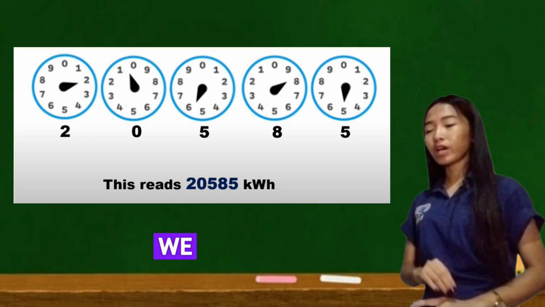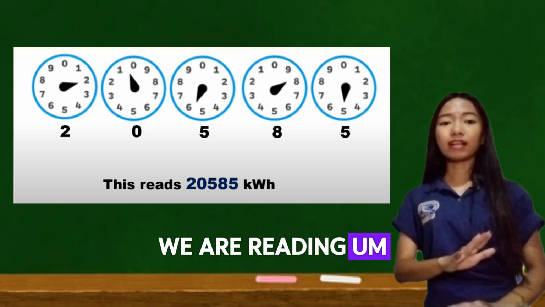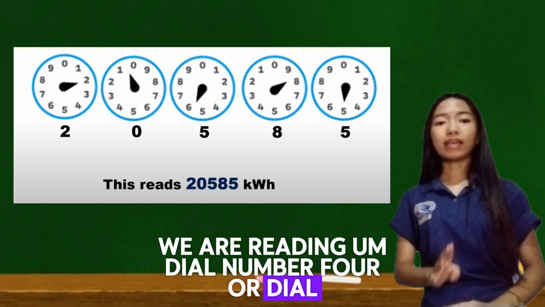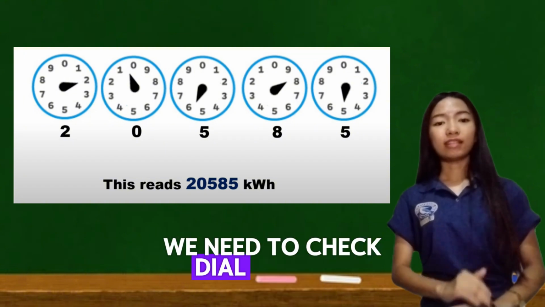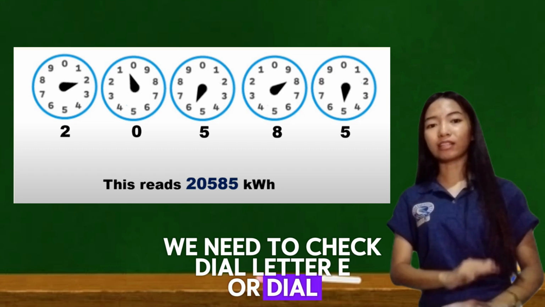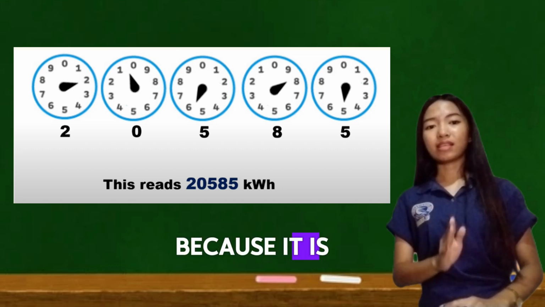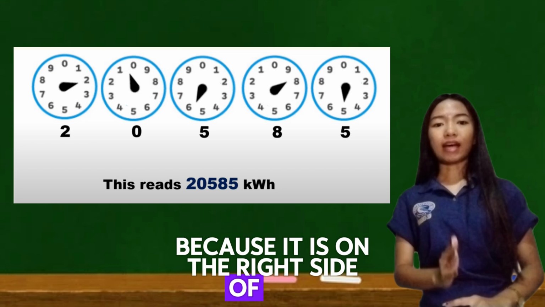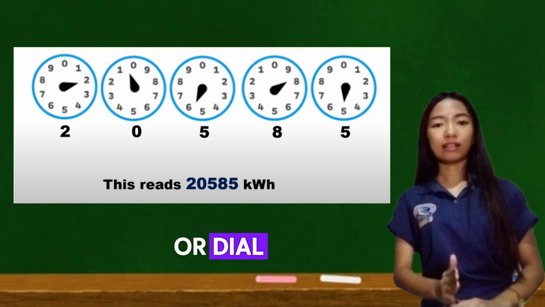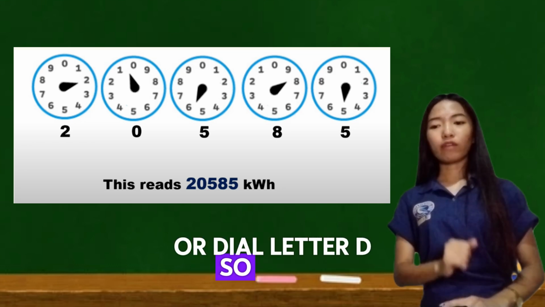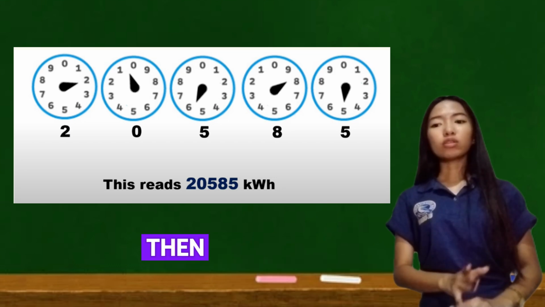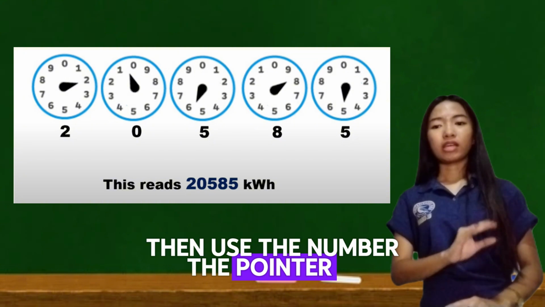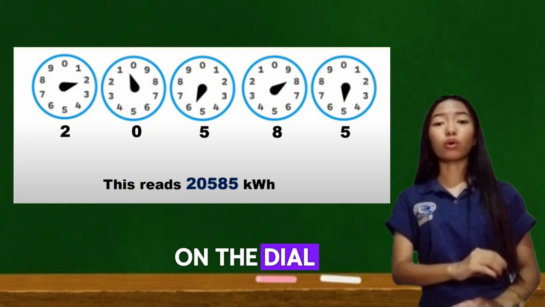So for example, we are reading dial number 4 or dial letter D. We need to check dial letter E or dial number 5 because it is on the right side of dial number 4 or dial letter D. So if the dial on the right has passed 0, then use the number the pointer is pointing to on the dial you are reading.